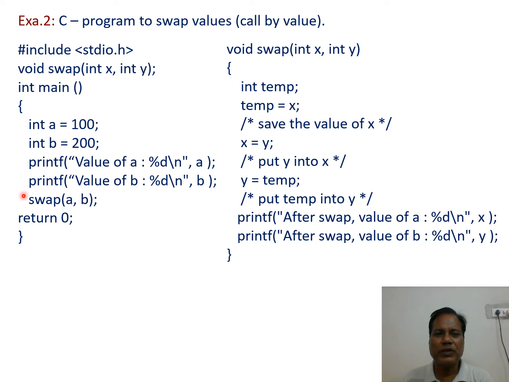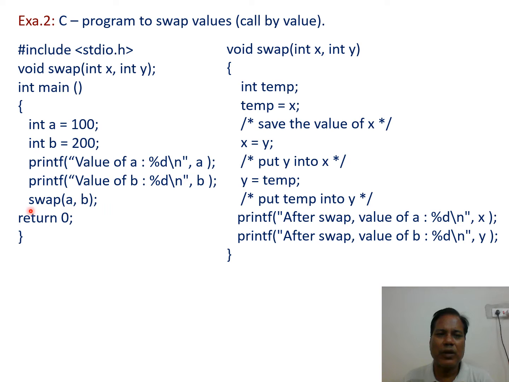The next two statements, printf value of a colon, that is value of a is printed at this point, and using the \n, cursor is brought to the beginning of the next line, and where value of b is printed. So value of a is going to be 100 and value of b is 200 is printed.